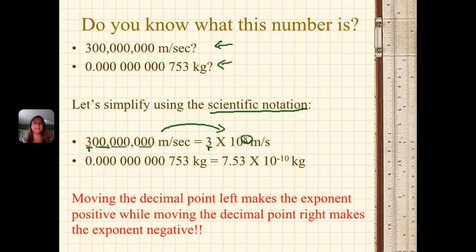When the decimal point is here on the left of the numbers, we will be moving it towards the right so that there is one number here, decimal, whatever, times 10 exponent, in this case negative 10 kilograms, just for fun. 1, 2, 3, 4, 5, 6, 7, 8, 9, and 10. So moving the decimal point left makes the exponent positive, while moving the decimal point right makes the exponent negative.